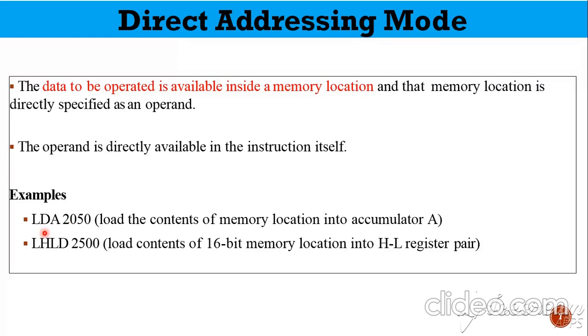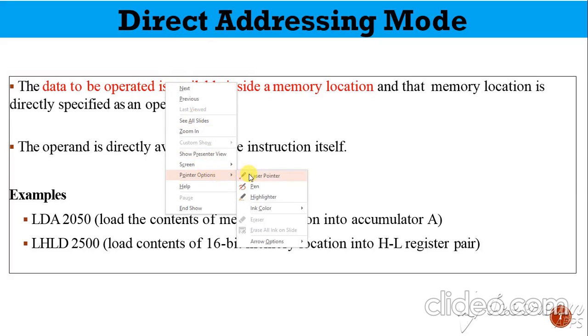So LDA 2050 indicates load the contents of memory location 2050 into the accumulator. That is, in direct addressing mode, the instruction directly specifies the address. So 2050 is directly specified.